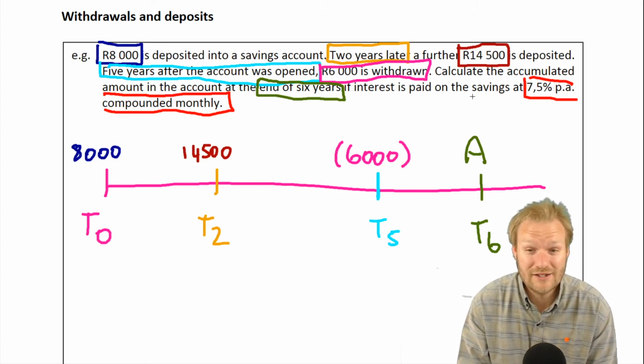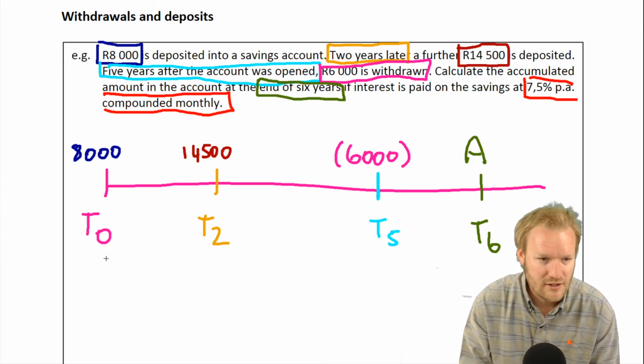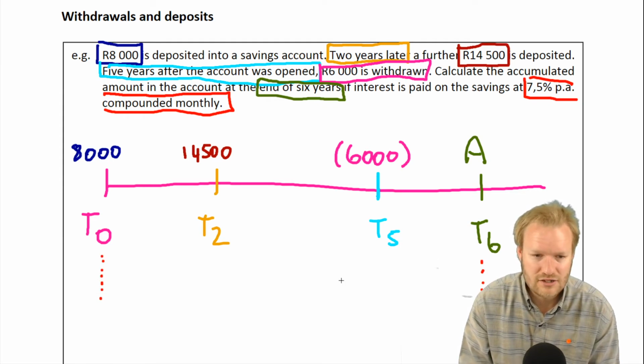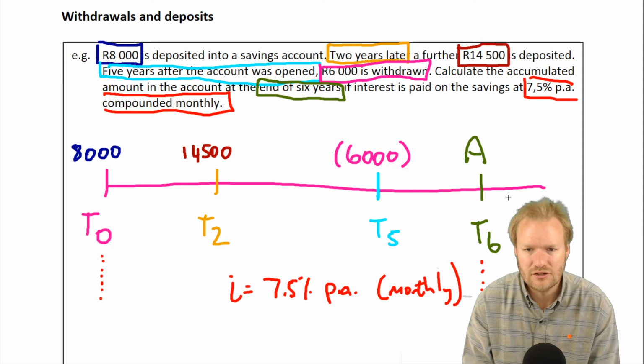The interest paid is 7.5% per annum compounded monthly. So what we can say is, I'm just going to draw this with a kind of dotted line down here to say, for this whole time, the interest rate is 7.5% per annum compounded monthly, because we're going to need to do that.